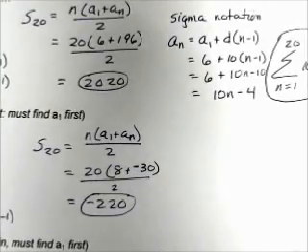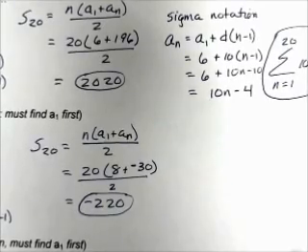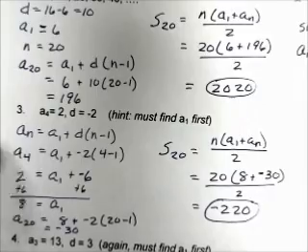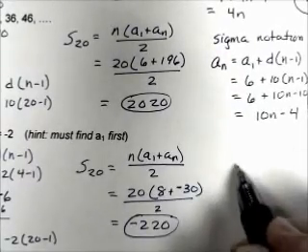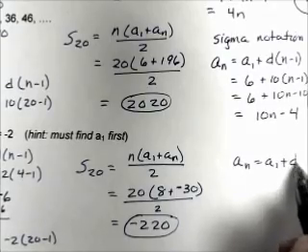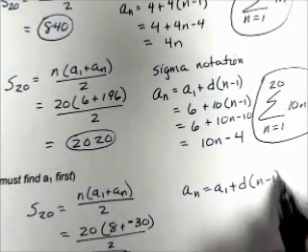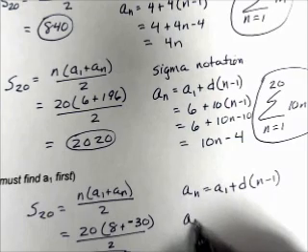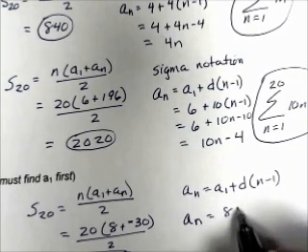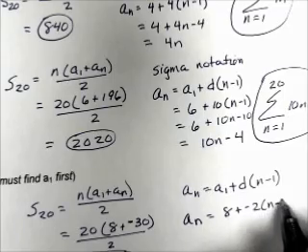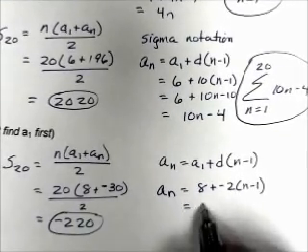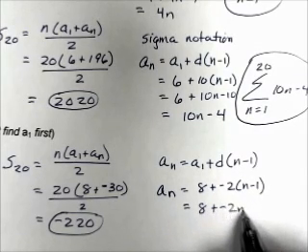And now expressing this using sigma notation. We're always falling back to our a sub n equals a1 plus d times n minus 1. Finding the rule, a1 is 8, d is negative 2. Distribute the negative 2: 8 plus negative 2n plus 2.